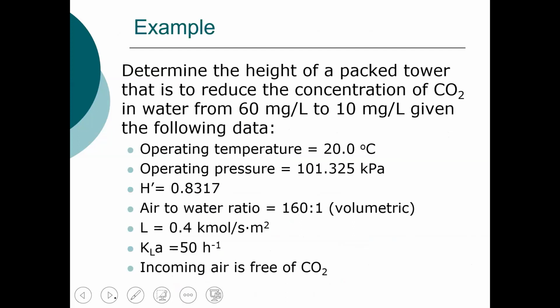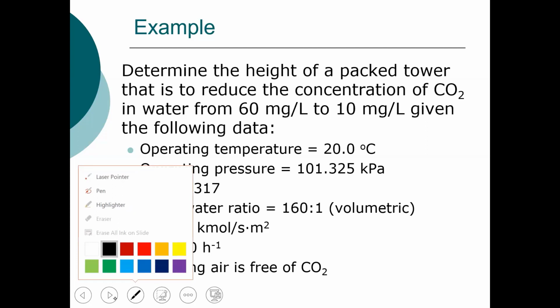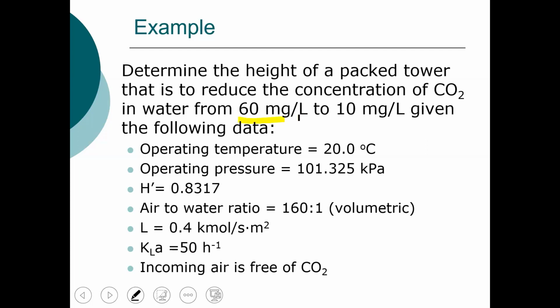So we're going to do an example here where you're asked to determine the height of a packed tower, and we're reducing the amount of CO2. So it's prior to, for instance, a lime soda ash softening. We're removing CO2 from 60 milligrams per liter down to 10 milligrams per liter.